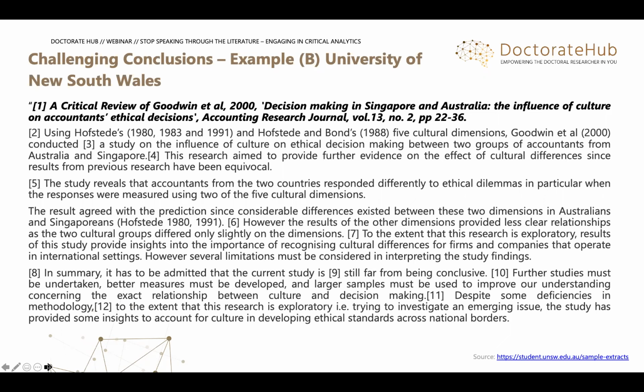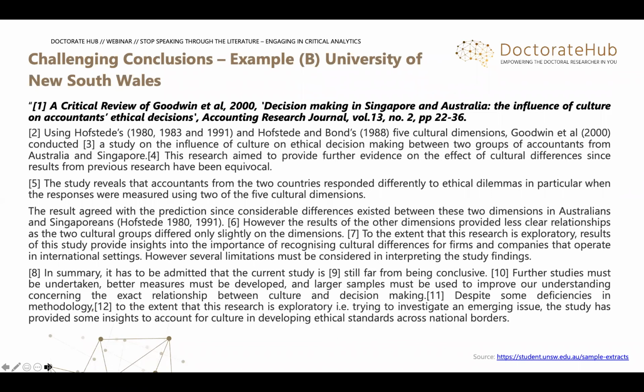However, the results of the other dimensions provided less clear relationships, as the two cultural groups differed only slightly on the dimensions. To the extent that this research is exploratory, the results of the study provide insights into the importance of recognizing cultural difference for firms and companies that operate in international settings.